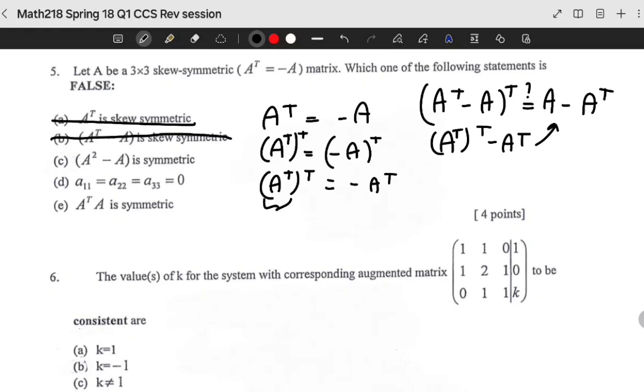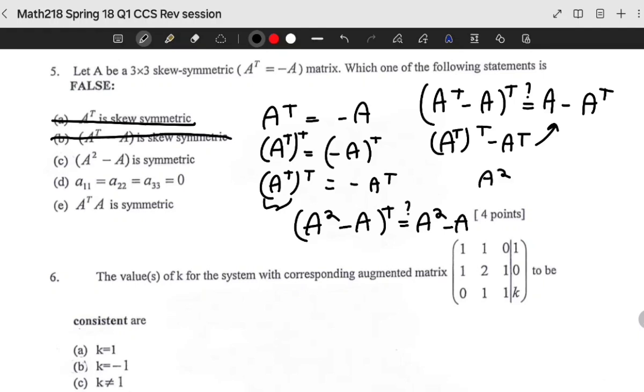Part C, A squared minus A is symmetric. So A squared minus A all transpose should be equal to A squared minus A for it to be symmetric. So let's check it.